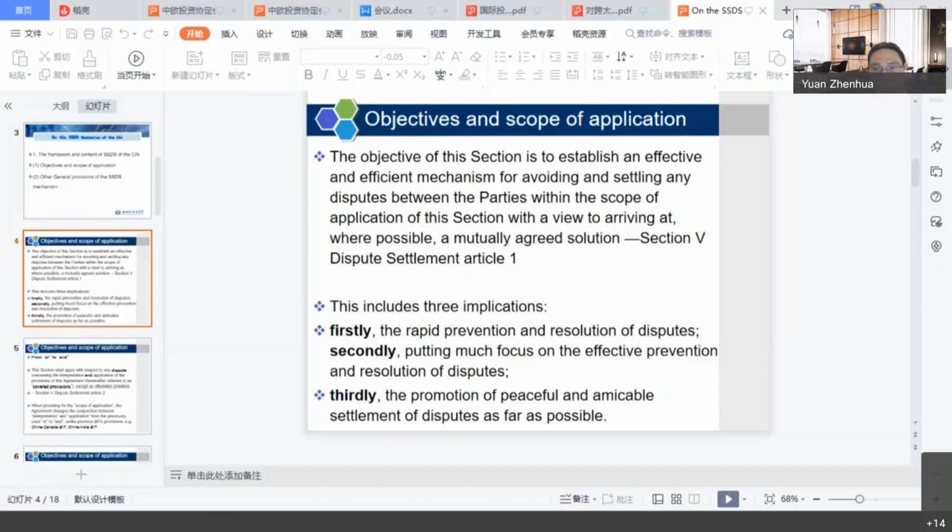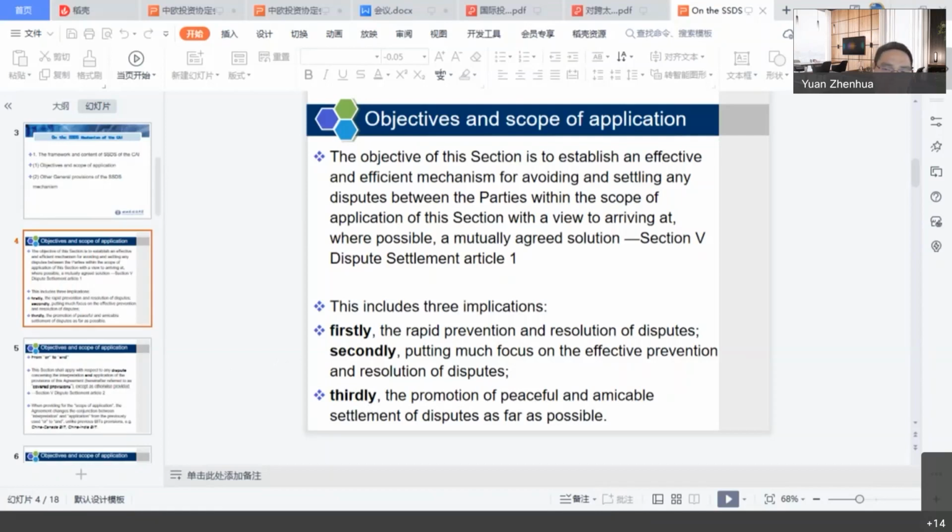So as we know, semantically, the word "or" indicates a choice of relationship, but does not exclude a concurrent relationship. So disputes in such clauses include disputes concerning the interpretation and disputes concerning application of the agreement, as well as disputes concerning both the interpretation and application of the agreement.